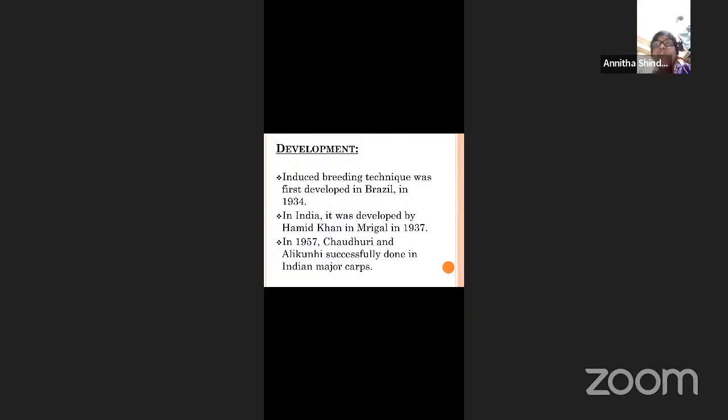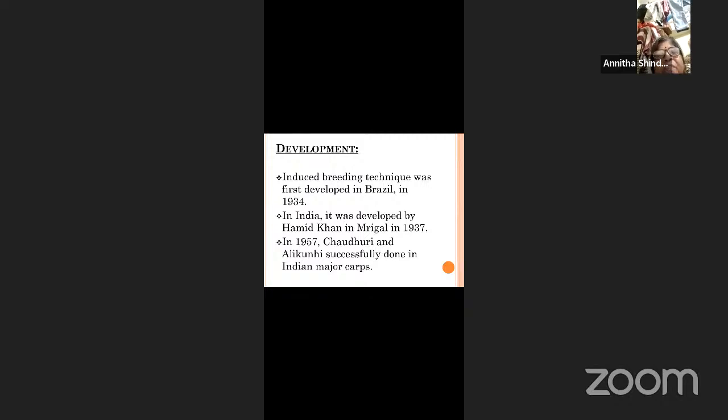Now, just now we talked about South America in 1930. In 1930 it was first introduced in South America, but they used the pituitary of the cattle and the sheep, whereas in Brazil they used the pituitary extract of the fishes.